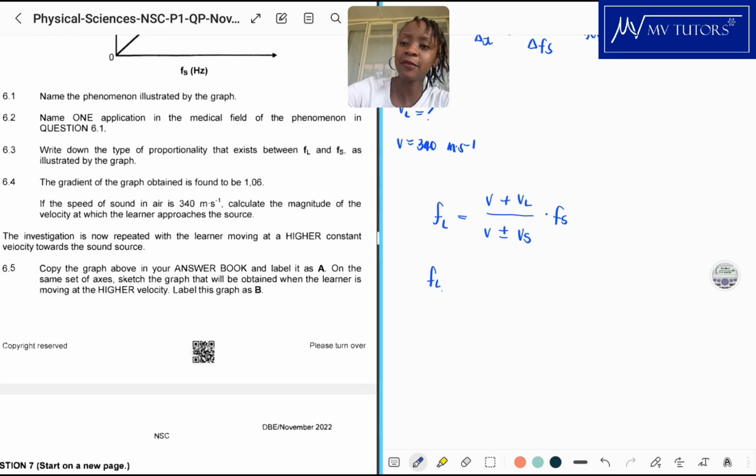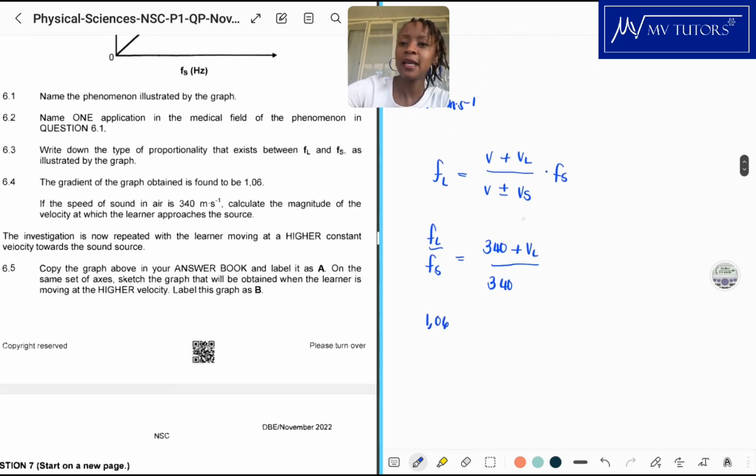There we have frequency of listener over frequency of source, and the speed of sound plus the speed of the listener over 340, because the source is stationary. So this is 1,06, and then we can multiply it by 340.